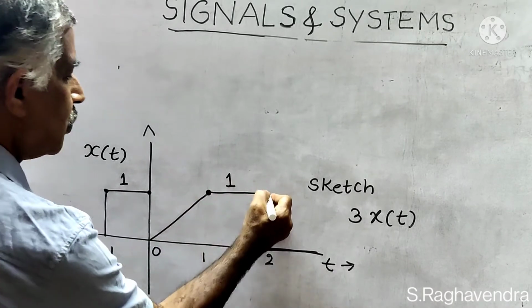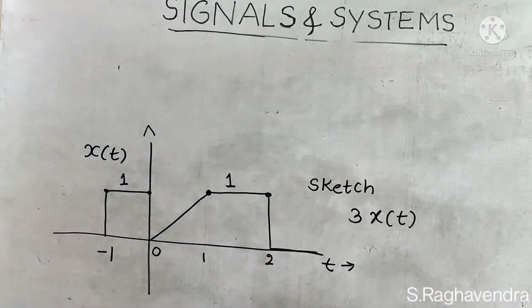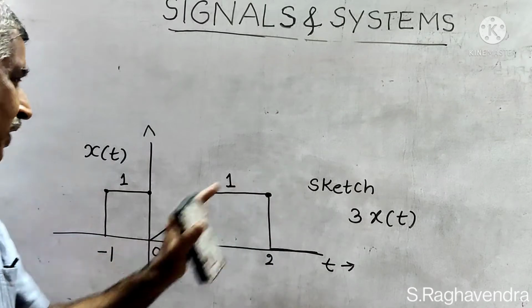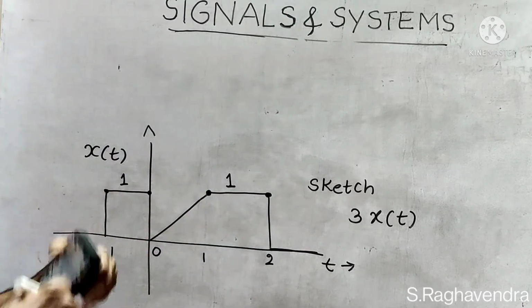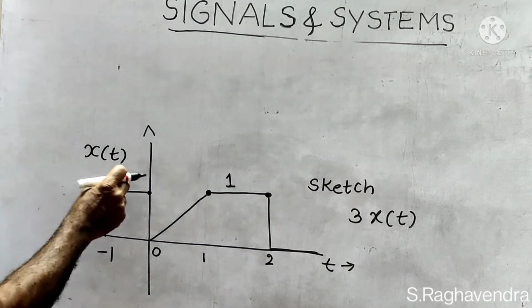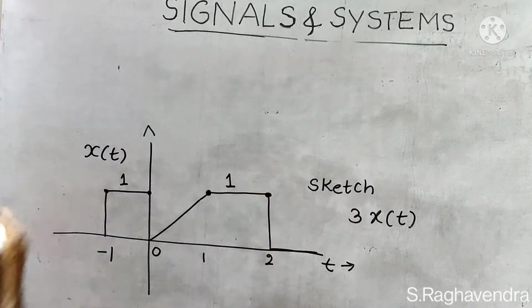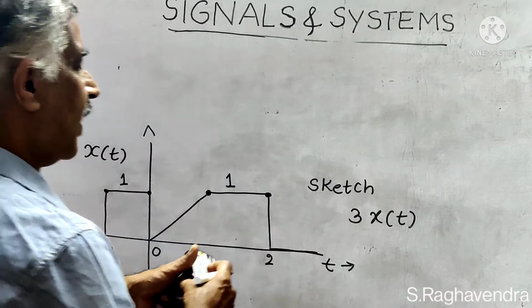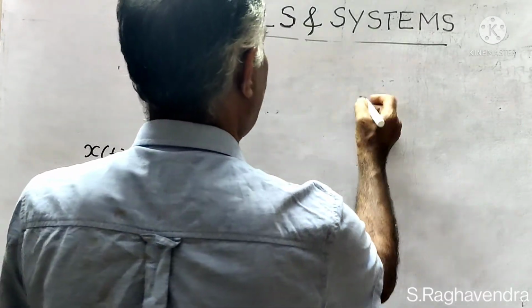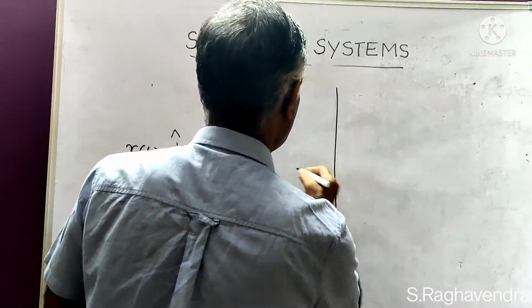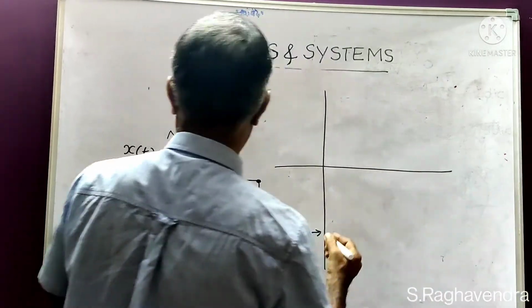To sketch the graph, what is essential is you take these corner values and multiply them by 3. So 1 multiplied with 3 becomes 3. This one also becomes 3. Now if you sketch the graph, 3 of xt looks like this.